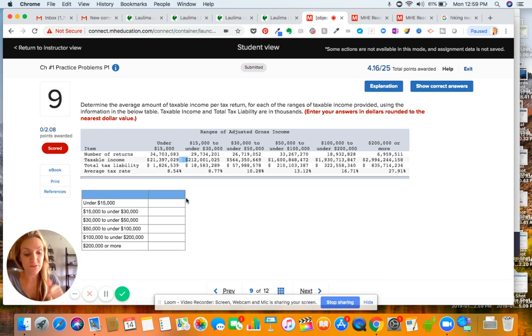How would we check it? If this is the right answer, $616, which seems awfully low, we'll multiply this by 34,703,083, and then add 3 zeros. And what do we get?